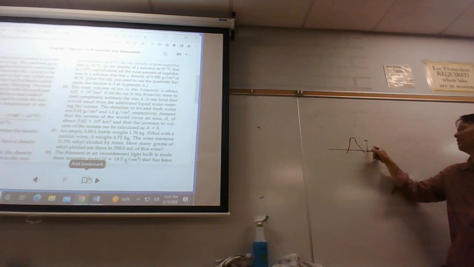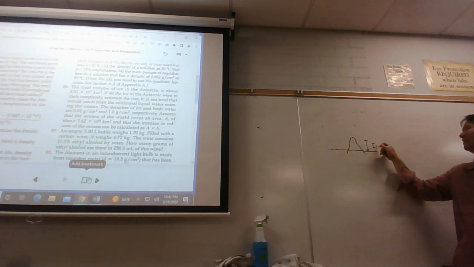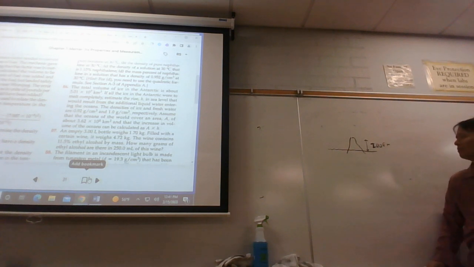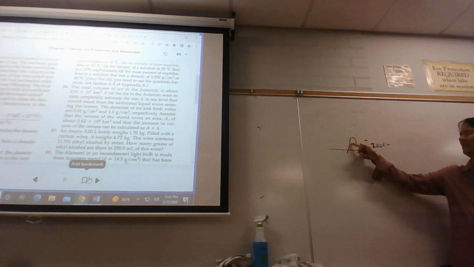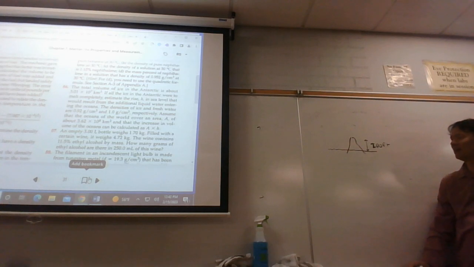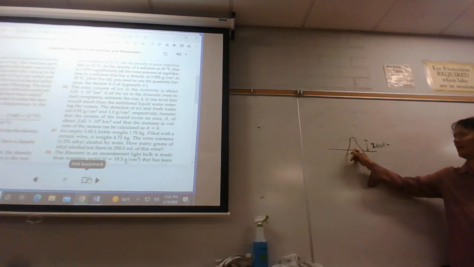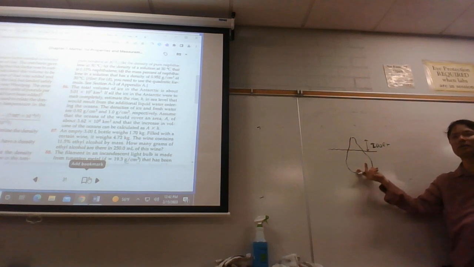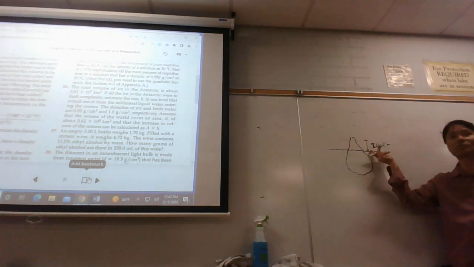If we have a 200-foot iceberg here, is that all of it? No. Actually, the bulk of the iceberg is going to be under the ocean, right? So you're going to have a massive chunk of ice underneath the ocean, which is going to displace the water.